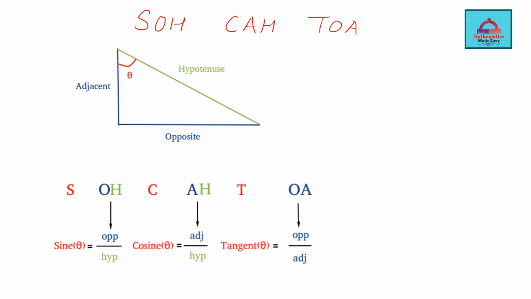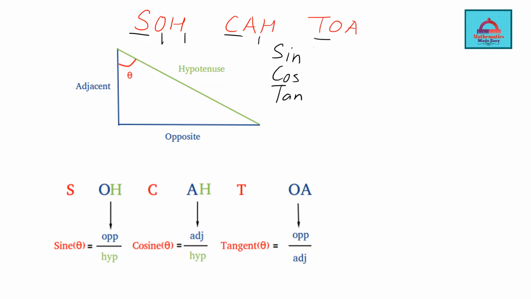So here S, C, T represents the basic trigonometric ratios of sine, cos and tan, and O, H and A represents the notation for the sides of the right triangle.